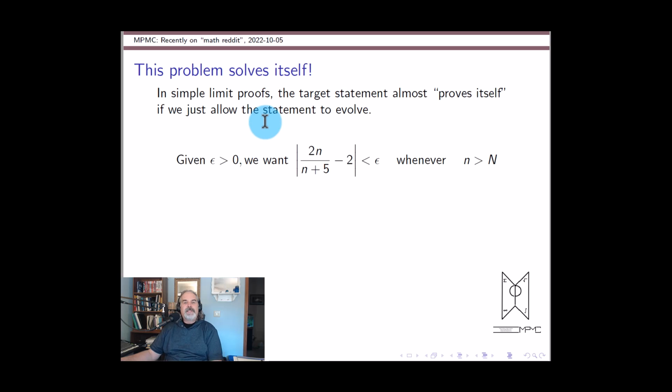So the statement we're trying to demonstrate is that given some value of epsilon, it needs to be positive because it's measuring closeness to 2, we want to make sure that the distance between the result, 2n over n plus 5, and 2, is less than that epsilon. That distance is what this measures, right? This measures how close are we to 2? Whether we're below it, whether we're above it, the absolute values take care of that.